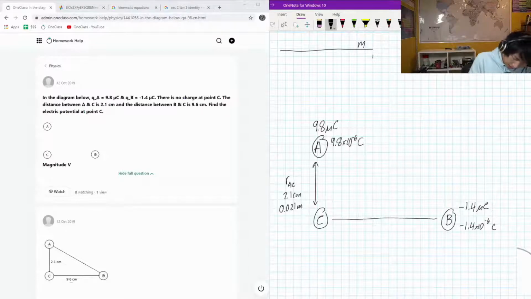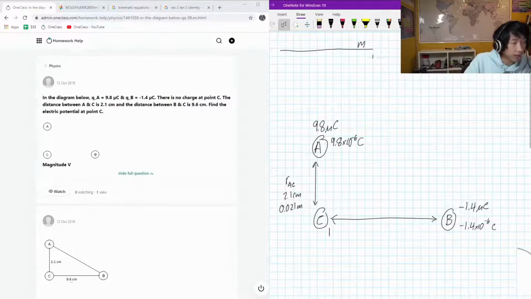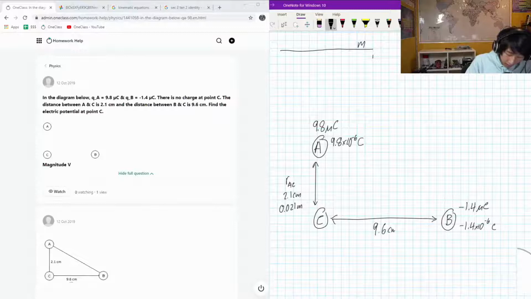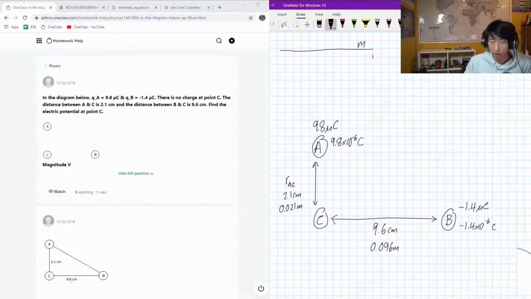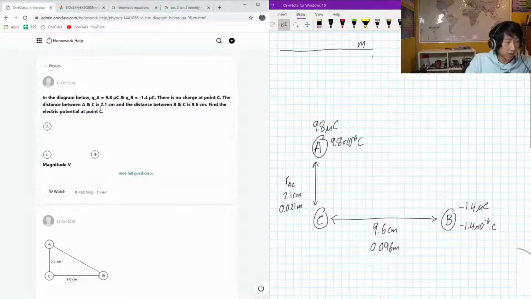And this distance over here, similar arrangement, different distance, 9.6 centimeters, 0.096 meters. Always great to do these conversions ASAP and do all your calculations in base SI. The question is asking us, find the electric potential at point C.